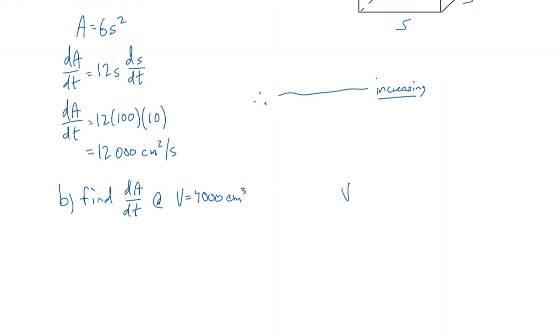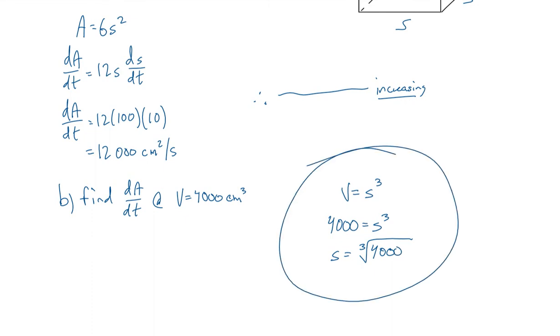So volume is side length cubed. We're given the volume as 4,000. That means side length is the cube root of 4,000, which is not a perfect answer or anything like that, so we'll just leave it like that. But there you go. That's another example of how it gave us a roundabout way of giving us the information that we need.